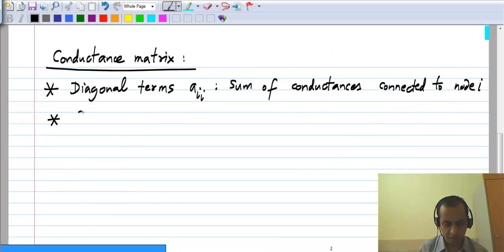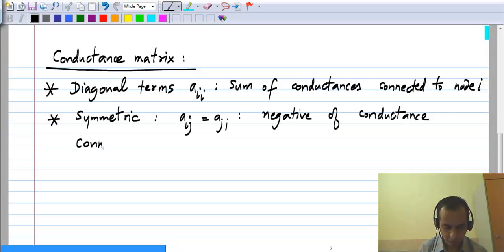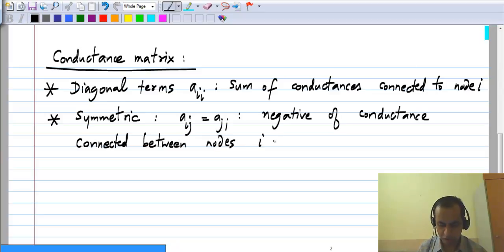And of course the matrix itself is symmetric, and the terms Aij or Aji, which will be equal to each other, correspond to the negative of the conductance connected between nodes i and j.